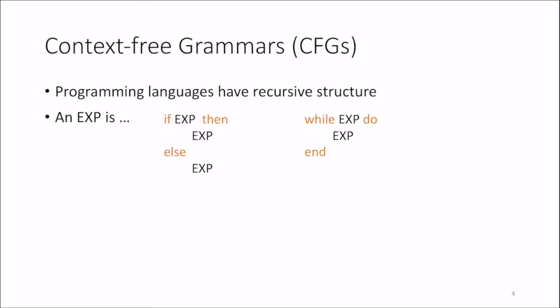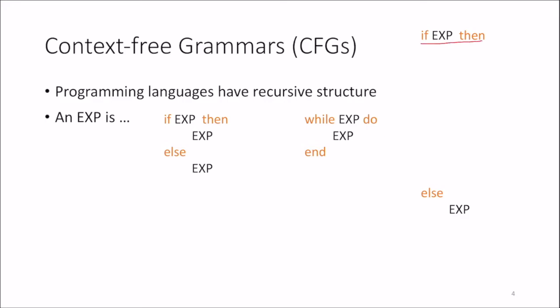The concept of a context-free grammar arises when you notice that programming languages have recursive structures. Let's look at an if-then statement in a programming language and how we can embed other statements or expressions inside it. Let's start with an if statement.